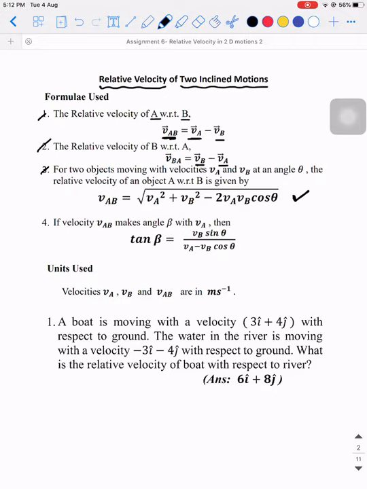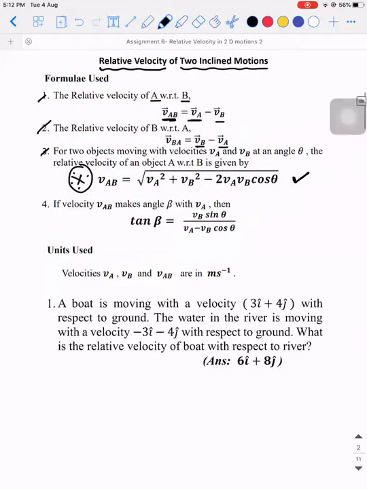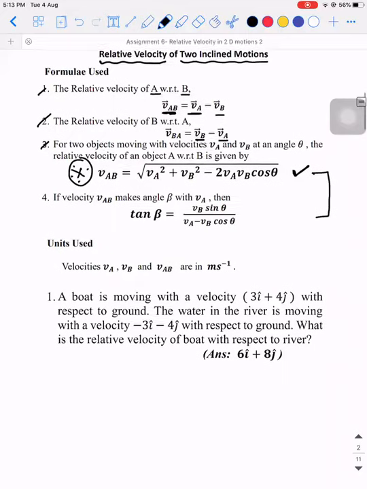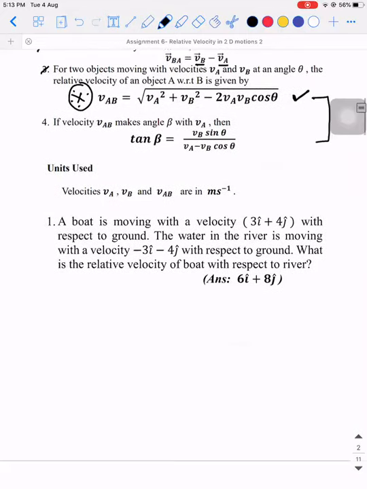How this has come, I will explain as a problem. I'm just trying to teach you with a different approach. Whatever approach I teach you today, you solve the problems only using that method. Am I clear in this? Right. So as of now, you need not concentrate on these two formulae. I will tell you how you can use them.